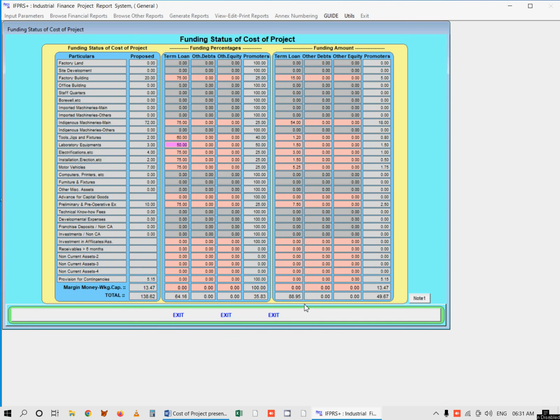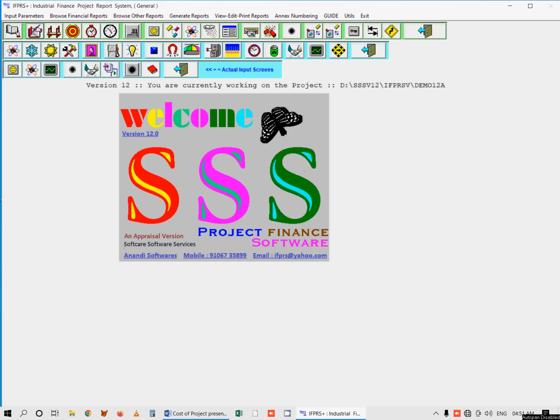Same way, you could work out for capital subsidy, promoter contribution, subordinate debt, etc. You are facilitated to work two-way for each of the items, either as percentage of funding or as amount of funding. This results in lot of convenience and simplicity. Thus, you ensure that your request of term loan is not exceeding its respective assets coverage.